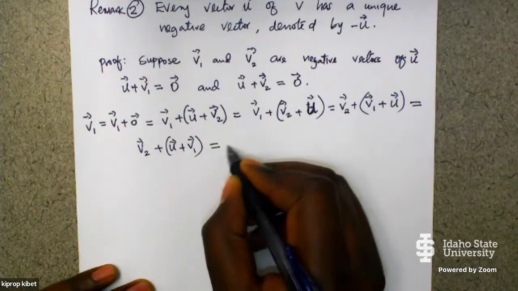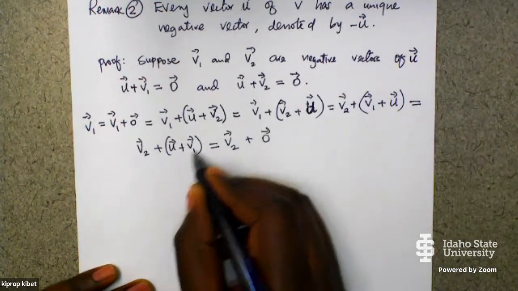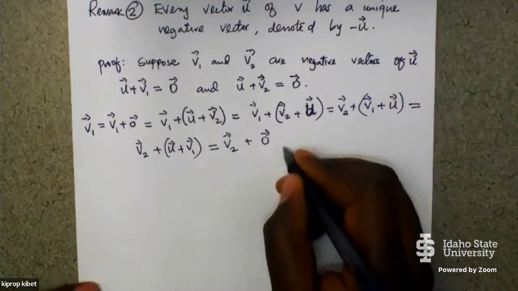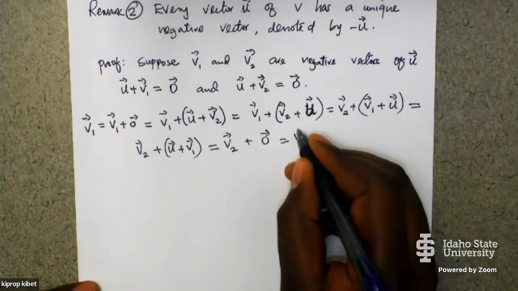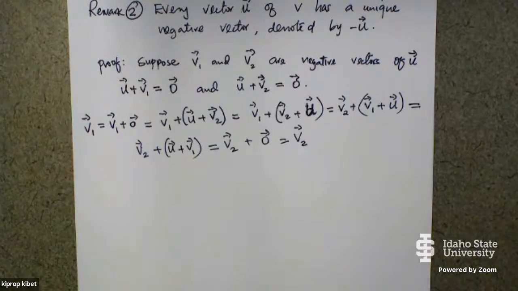And therefore, this is the same as V2 plus the 0 vector, since U plus V1 is the 0 vector. So therefore, this is equal to V2. So it shows that the negative vector is unique. So they're equal.